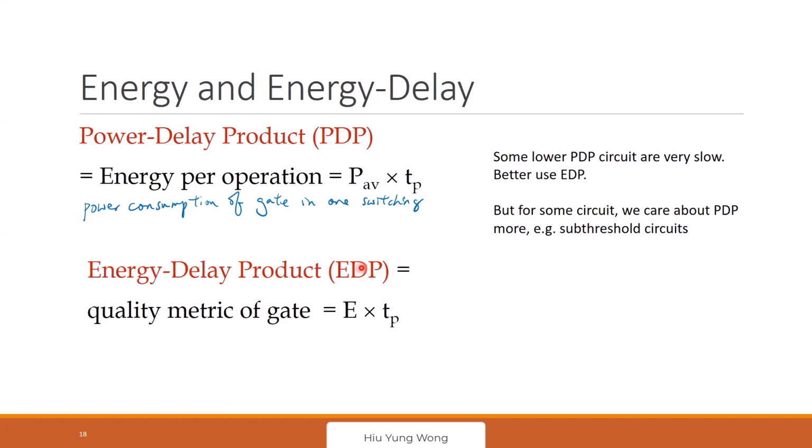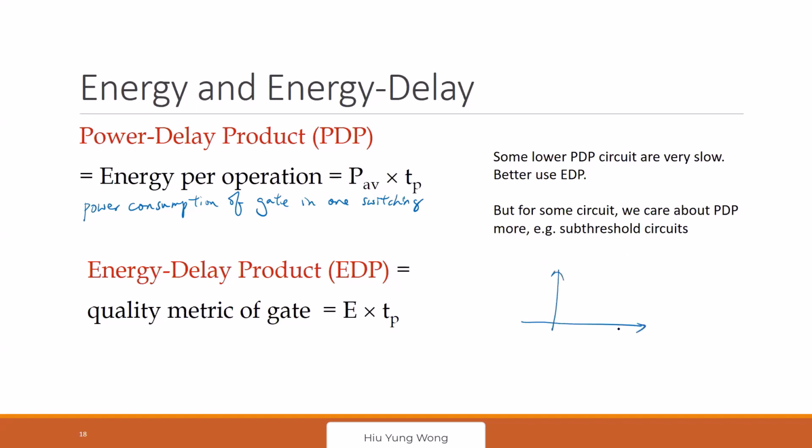But we do not always want to use EDP. Sometimes we care about PDP more. Again, this is some metric, and a metric means a simplification of a more complex picture, right? So for example, subthreshold circuits. A subthreshold circuit is one where we operate all the devices in the off state, not really the off state.